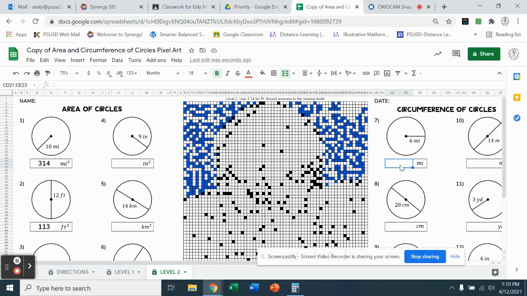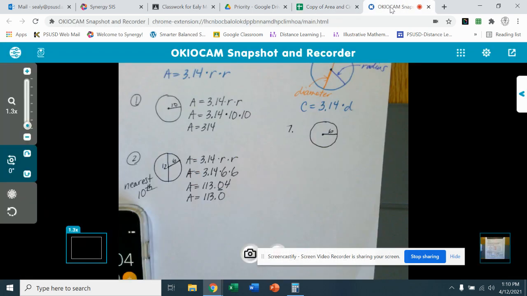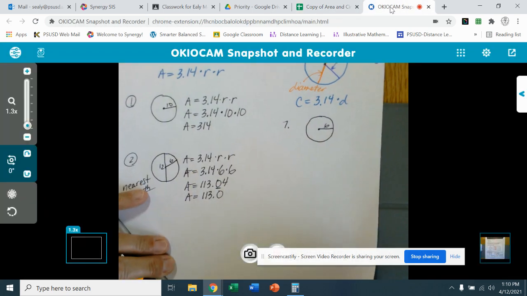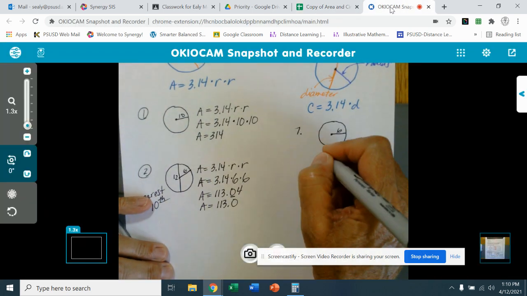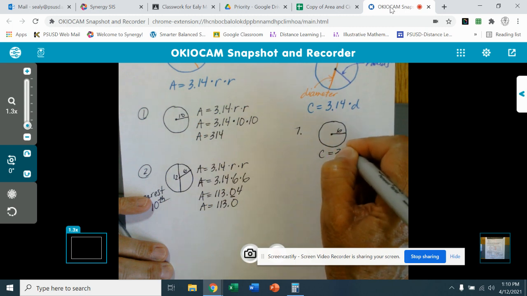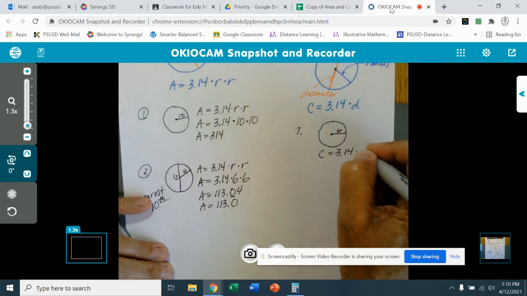Let's do number 7. So on number 7, they give us a radius of 6. Now remember, I like to use pi times diameter. So let's see how we're going to use that radius of 6 here. We have the circumference is pi, 3.14, times the diameter.